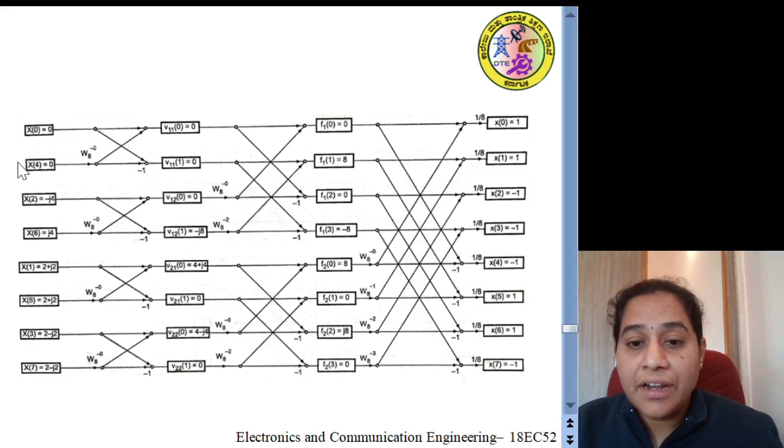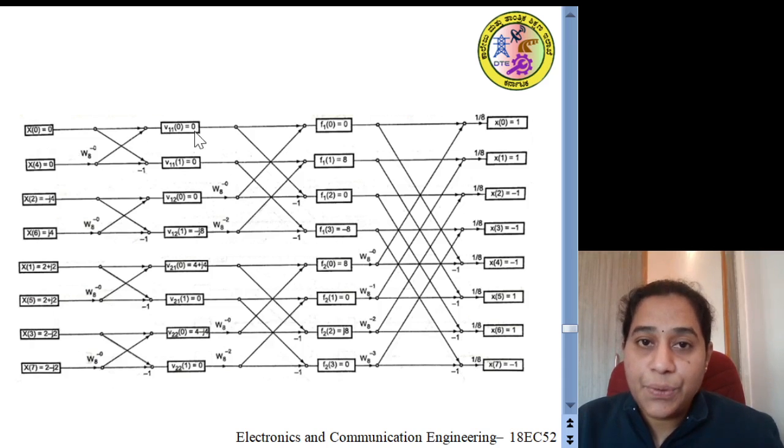After performing the first stage computation, we obtain the outputs as 0, 0, 0, minus j8, 4 plus j4, 0, 4 minus j4, and 0.